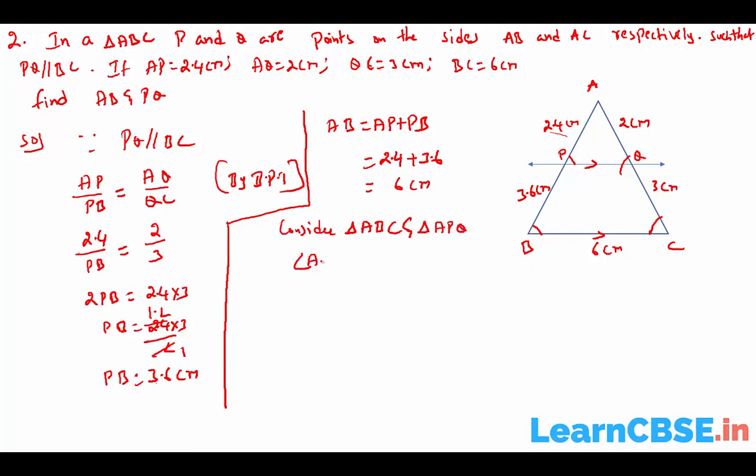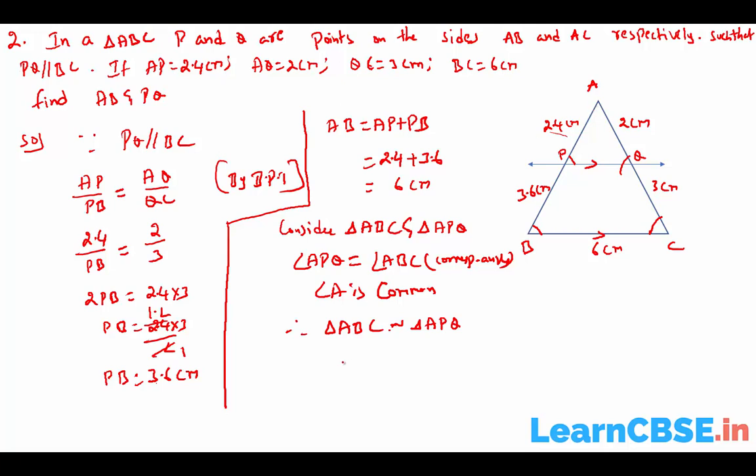Angle APQ equals angle ABC, corresponding angles. Angle A is common, therefore triangle ABC is similar to triangle APQ. So when two triangles are similar, corresponding sides are in proportion.